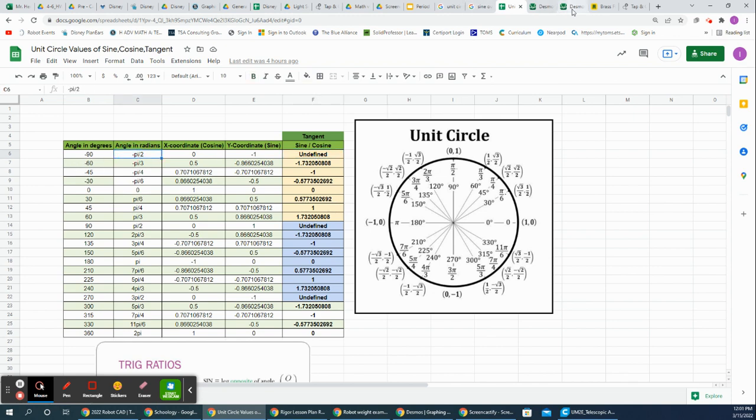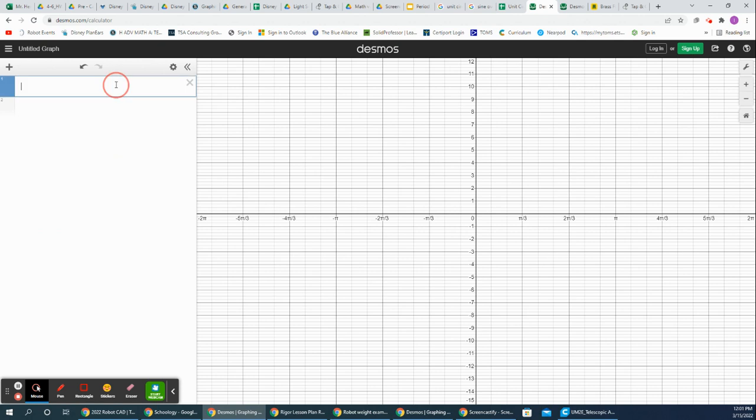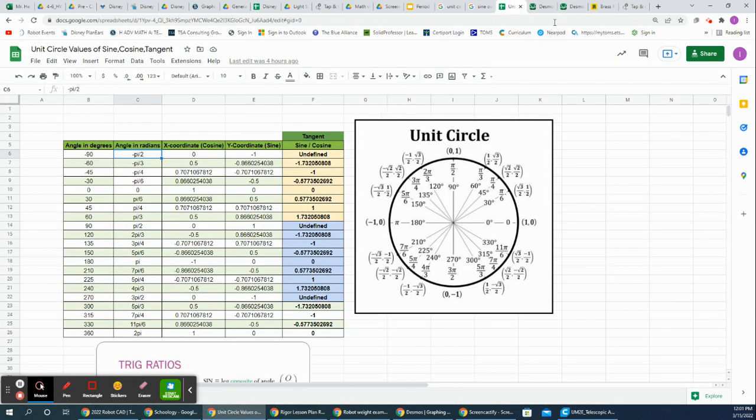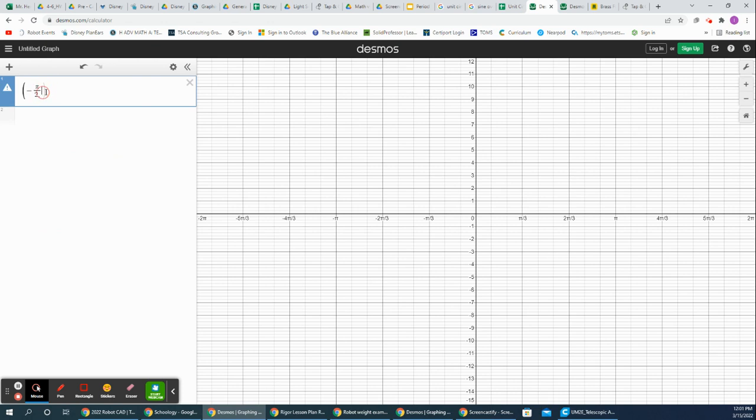So let's go to negative pi over 2, comma, and then, again, because it's undefined, I'll show you, you cannot put undefined. And we press enter. See how this doesn't allow us to graph it? So instead, we're going to say x equals negative pi over 2.